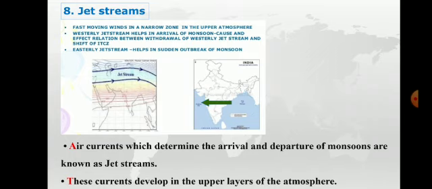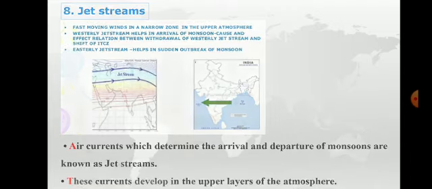The westerly jet stream prevails over the North Indian plains during winter months, and the easterly jet stream steers the tropical depression over India. These depressions play a very important role in the distribution pattern of monsoon rainfall in the subcontinent, and the highest rainfall occurs along the track of these depressions.